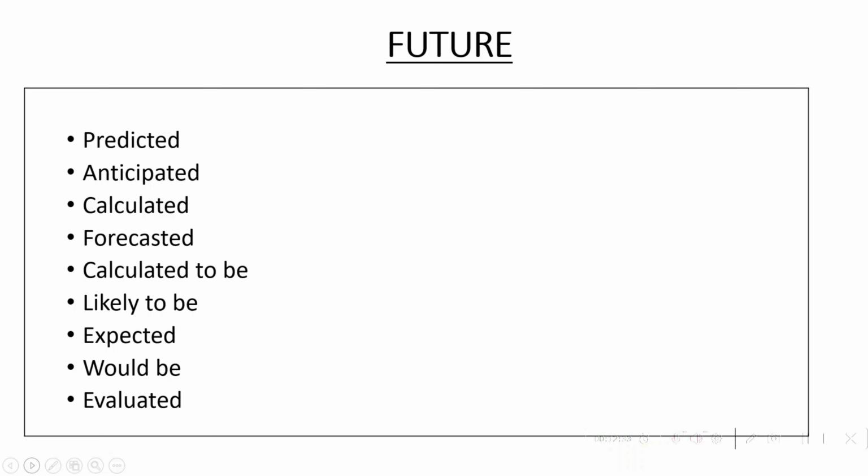So it is predicted to be, or it is anticipated, it is calculated, or it is forecasted. It is calculated to be. It is likely to be. The price of petrol is likely to be higher because of a reduction in fossil fuels. It is expected to be, or it would be, it is evaluated to be. So these are the terms that you can write if you're writing about the future.